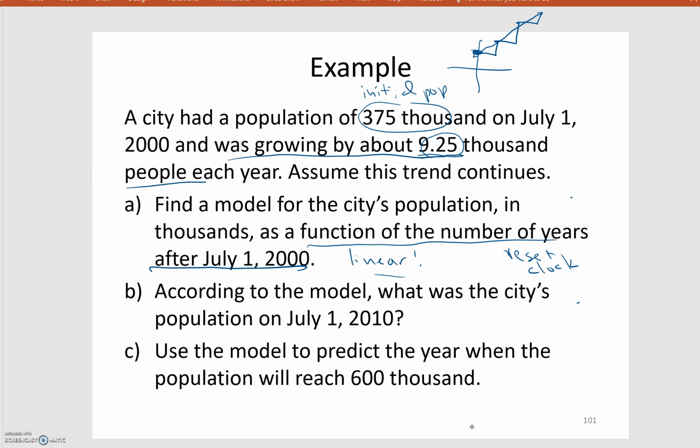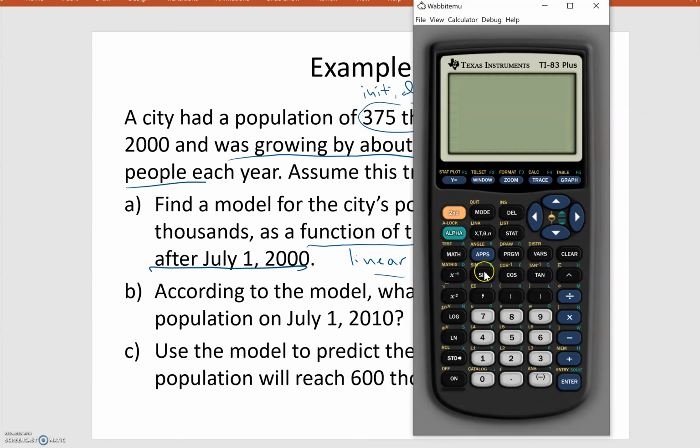So what was the population on July 1st, 2010? That's 10 years after the initial. Well, let's plug it in and evaluate. This is a type 1 question. 9.25x plus 375 is my model.